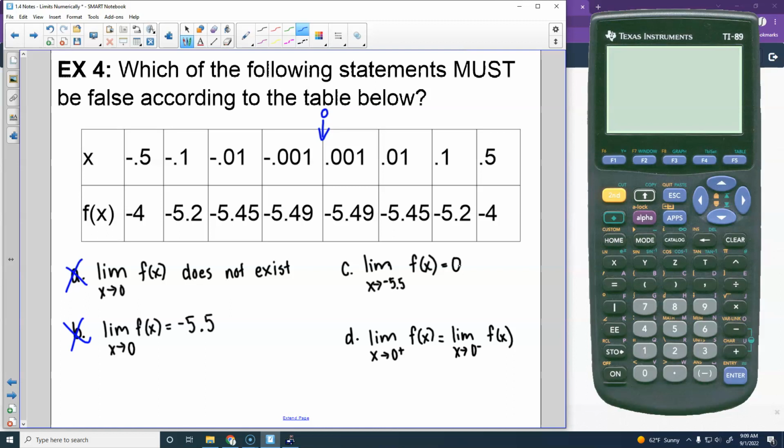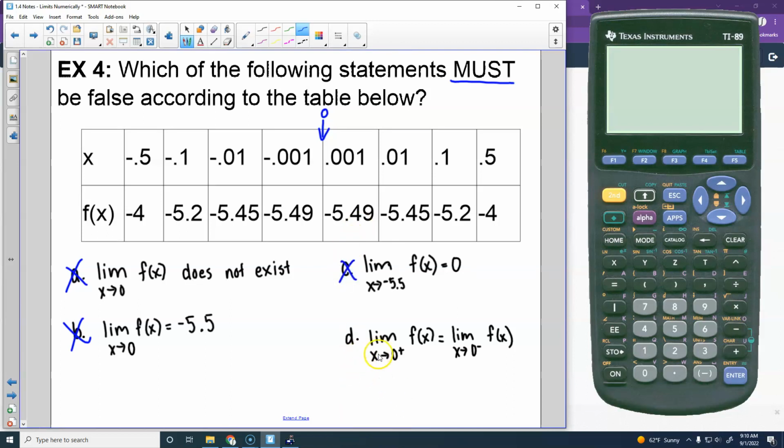Does that one look like it's false? I would say it looks like it's false. But I specifically put this word right here for a reason, just to emphasize something. Does that have to be false? It does not have to be false because all we're given is numbers here. This could take a turn back up to 0. That is possible. Unlikely, but possible. So it does not have to be false.